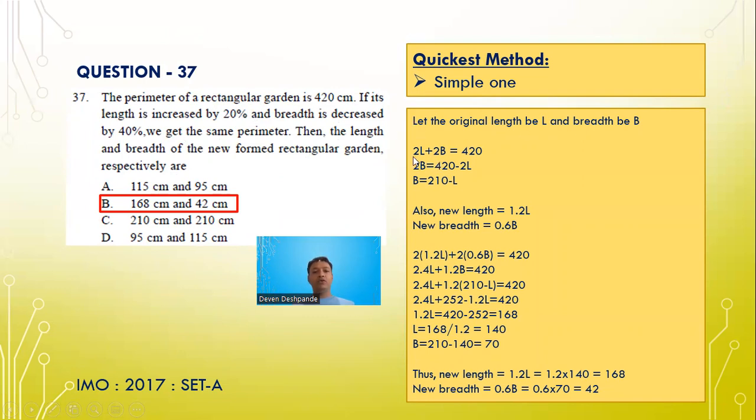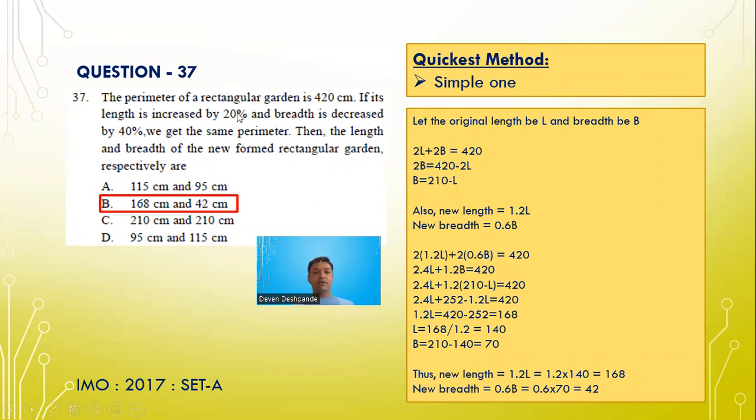So perimeter is 2 length plus 2 breadth, which is 420. Let L be the length and B be the breadth. So 2 times breadth is 420 minus 2L. If you divide this by 2, 420 upon 2 is 210, 2L upon 2 is L. So B is 210 minus L.